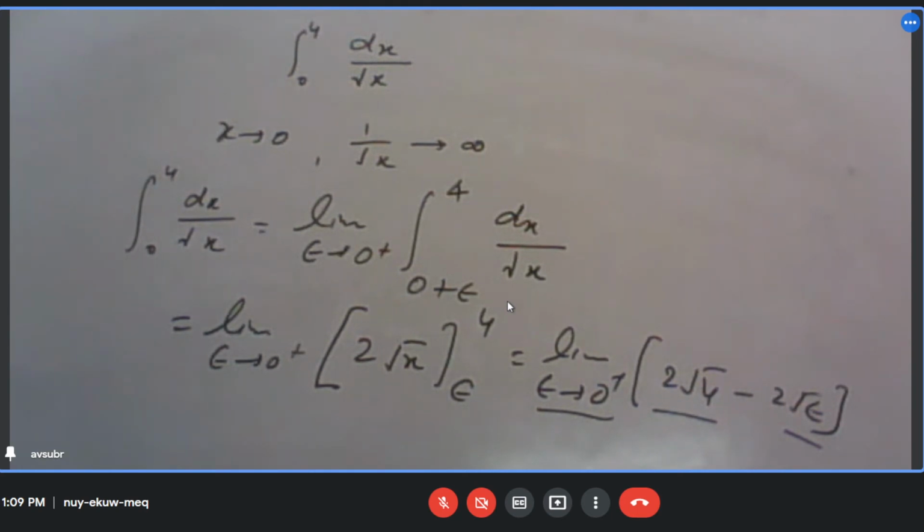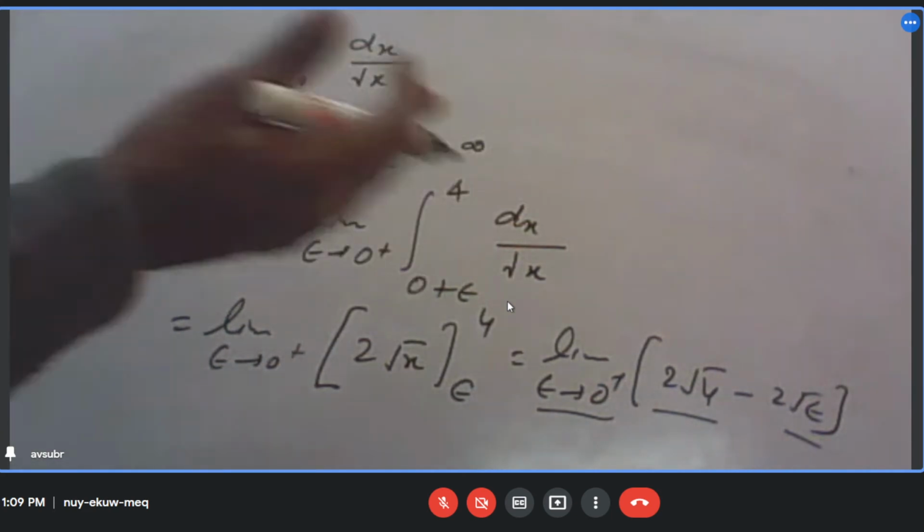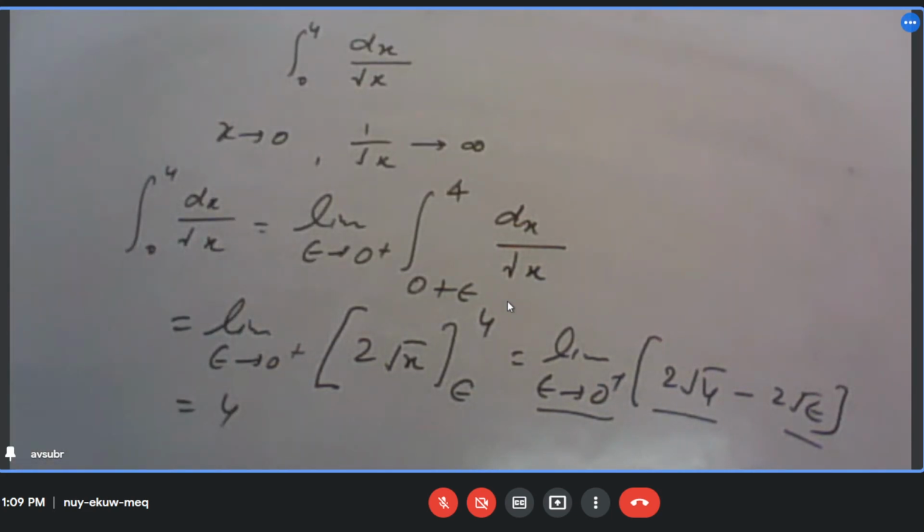Is it going to change the salinity? Of course not. So it is ignorable. We ignore it. What is the value then? 4. So that is the value of this particular improper integral.